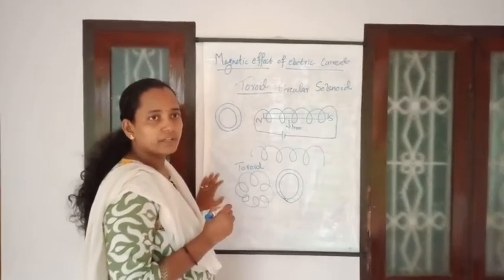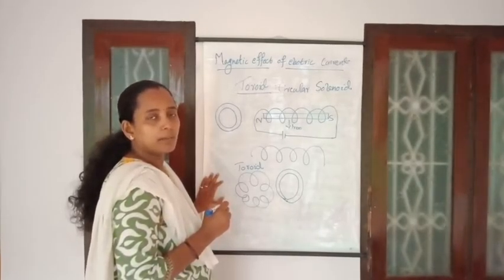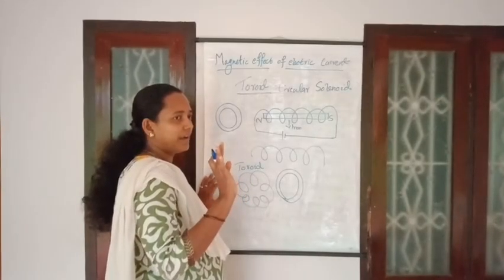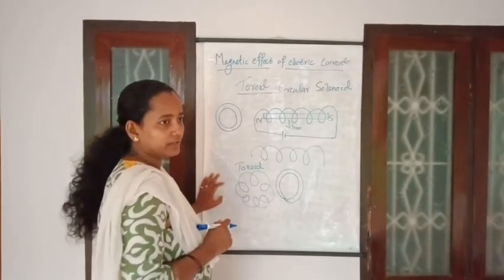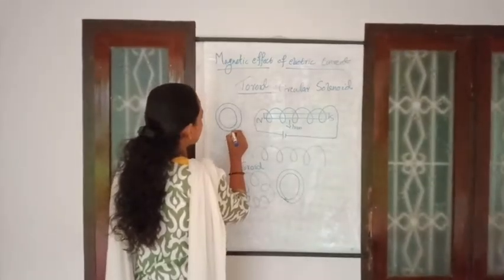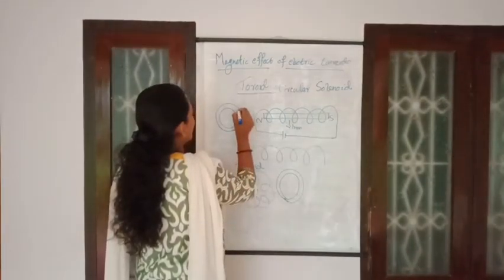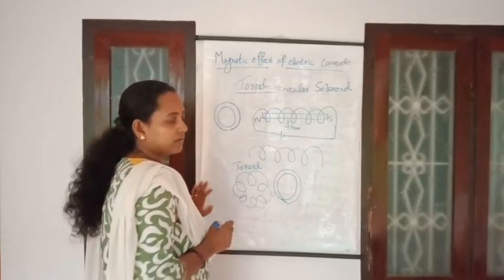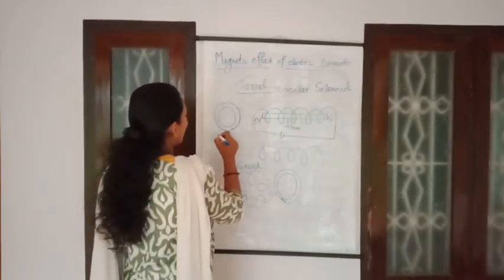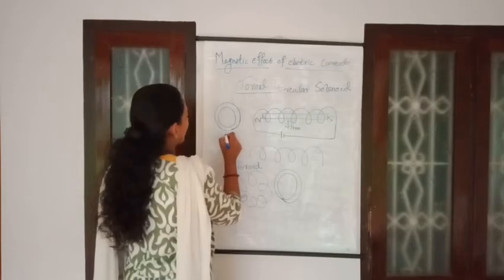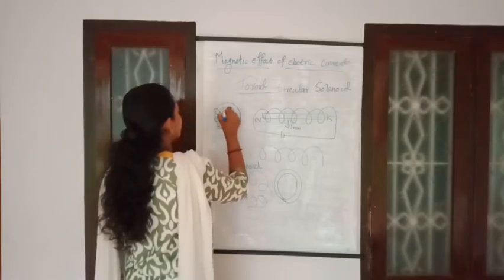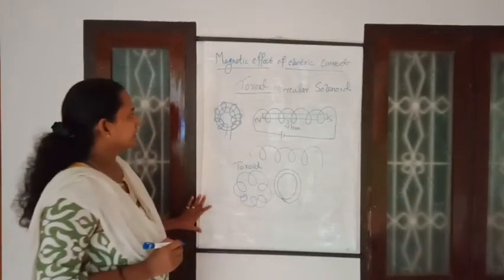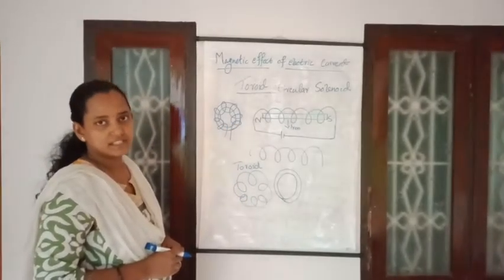In order to increase the strength of the magnetic field produced by a toroid, here you can keep a ferromagnetic material, that means iron or any magnetic material, and you can wind the coil like this. This is actually a toroid itself.